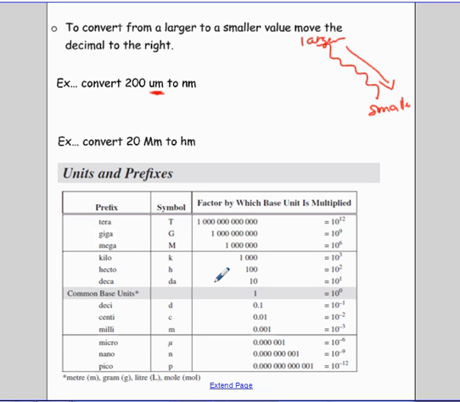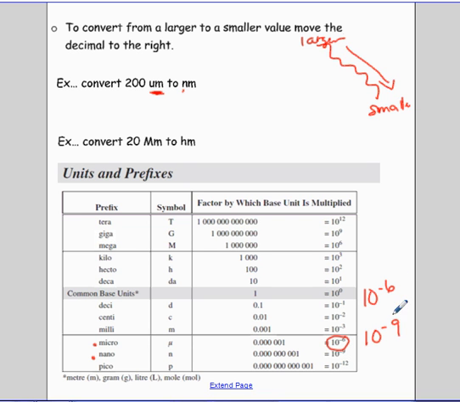Here we have micrometers, which is right here, micro, and we're converting to nanometers, where the little n represents nano. To figure out how many spaces we move it, we need to look at the exponent of the 10 here. Micrometers is times 10 to the negative 6. Nanometers is times 10 to the negative 9.